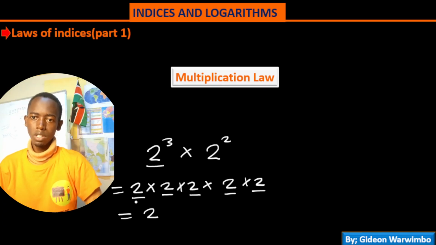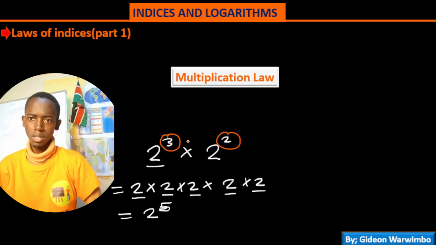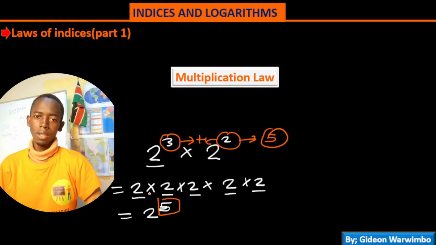So this all converges to 2 to power 5. But when we look at these terms closely, there's something to notice. We have a 3 here and a 2 here. These are being added together so that we have a 5, and this 5 appears at the power.